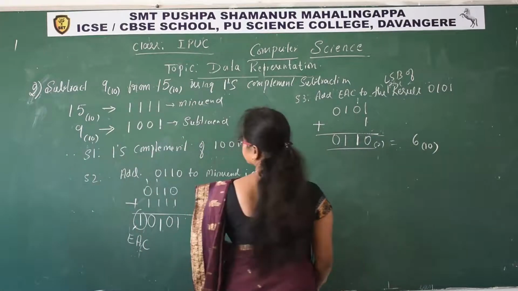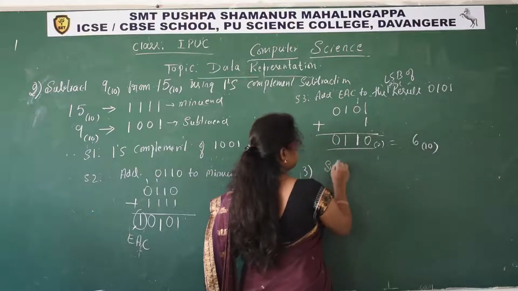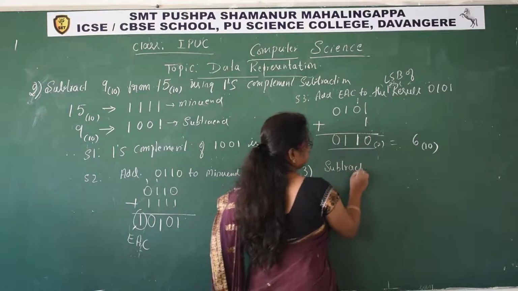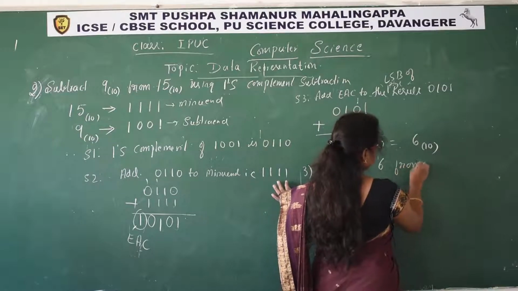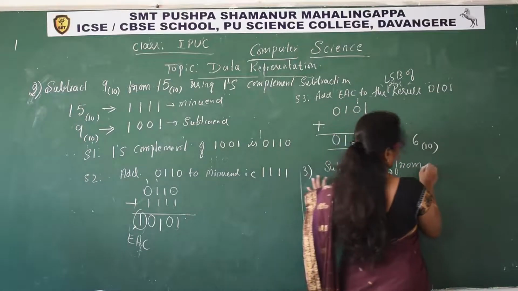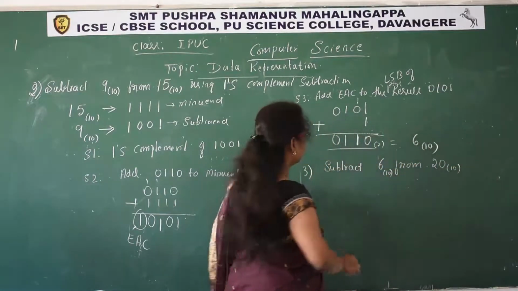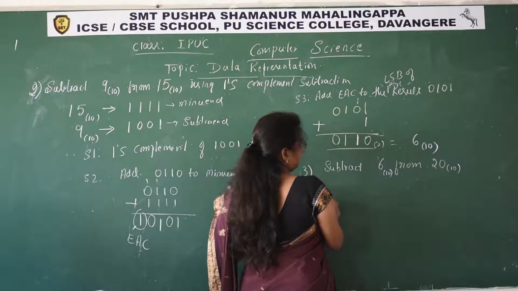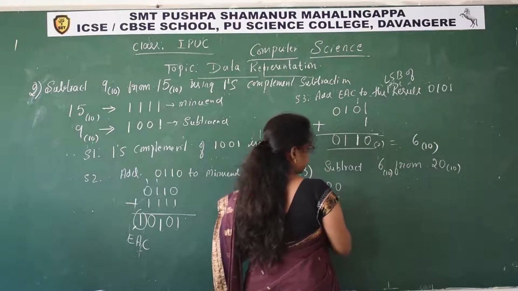Next question, third question: subtract 6 from 20 base 10. Which is the minuend here? 20 is the minuend and 6 is the subtrahend.